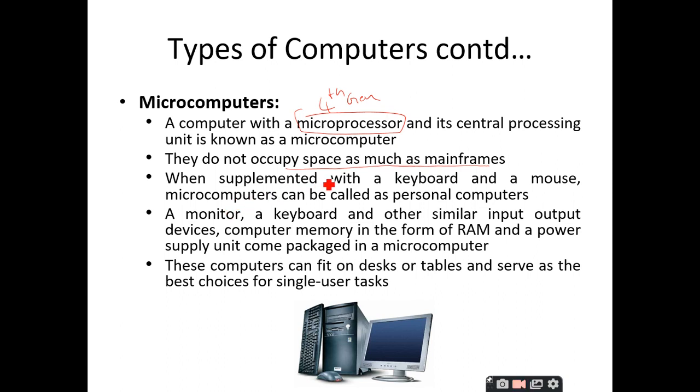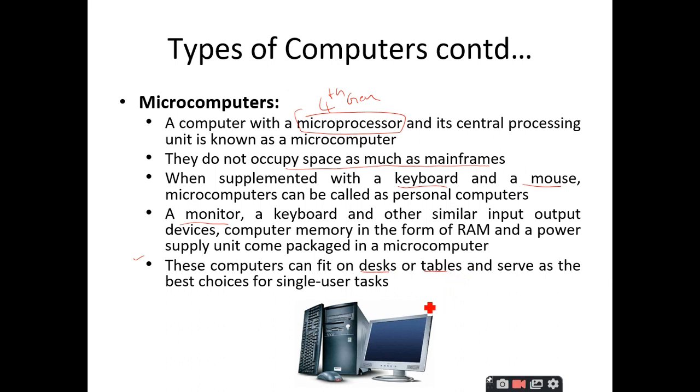And these microcomputers are supported by input devices like the keyboard and the mouse, and by output devices like the monitor, and you can also connect these desktop systems to a projector. Everything is possible, right? And these computers can fit on desks or tables.